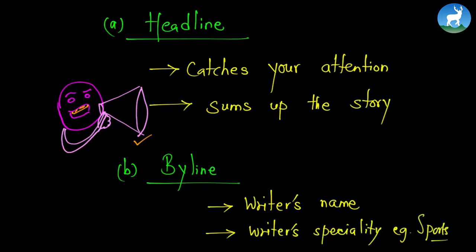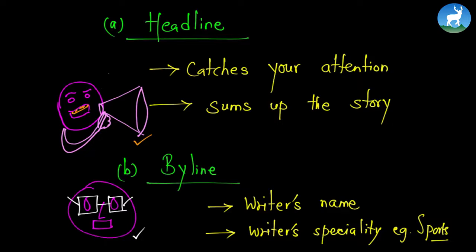Maybe the writer is a sports writer, or a food writer, or maybe a crime writer or current events writer. So it gives that kind of information. Byline is the general information about the writer.